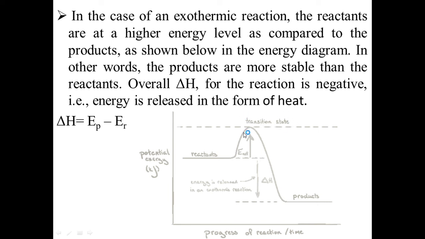Afterwards, the energy decreases and forms products. The energy is released in the form of heat. The overall change in enthalpy, delta H, is the energy of products minus the energy of reactants. Then delta H becomes negative.